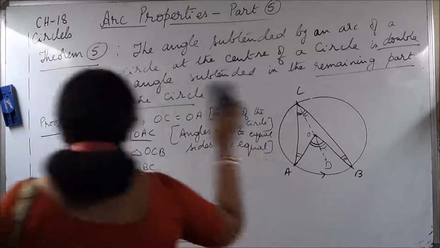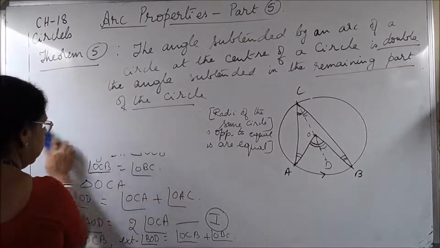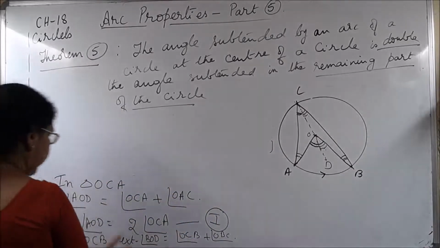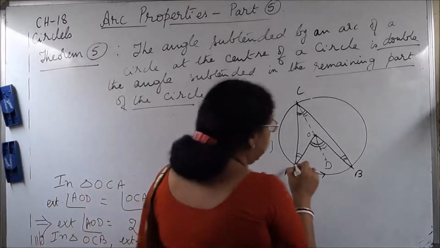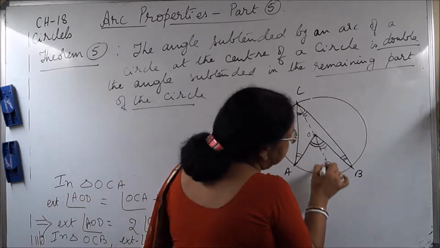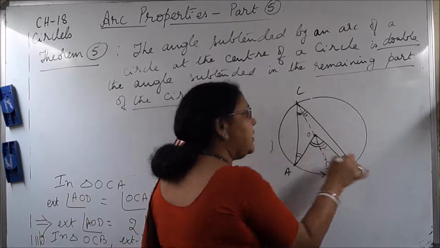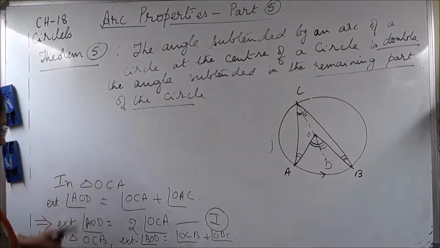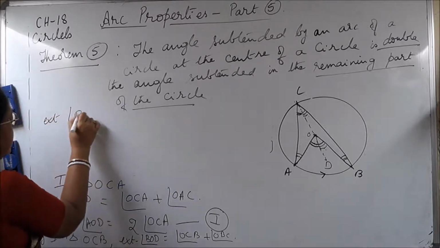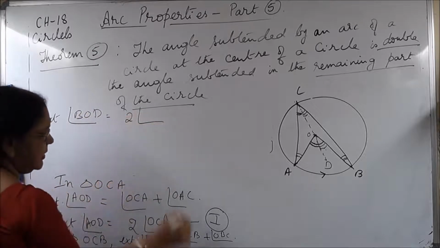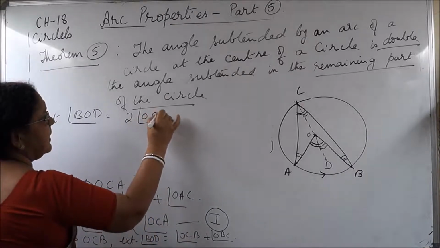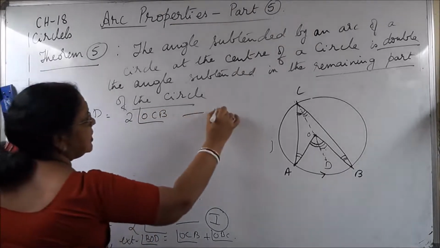So we have proved that the exterior angle AOD is equal to twice angle OCA, and exterior angle BOD is equal to twice angle OCB, because OCB and OBC are equal. Let us call this equation 2.